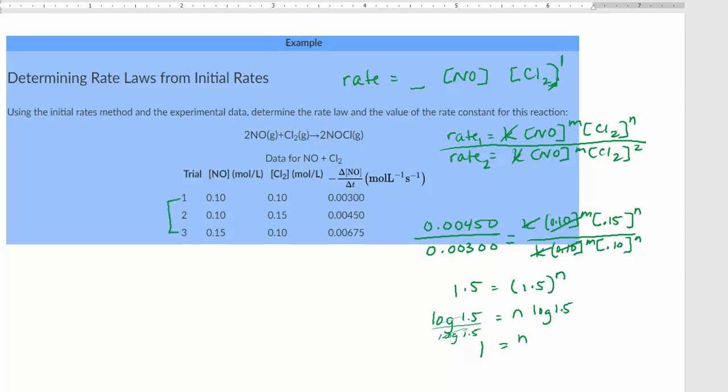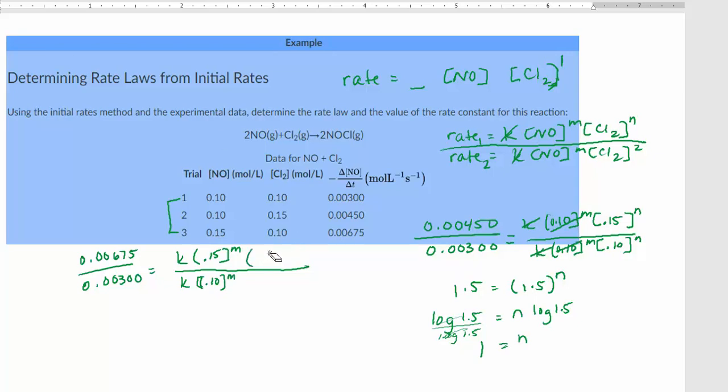Now, as before, I want to put the larger rate on top because it just makes my numbers more friendly. And then I will compare. So the concentration of NO raised to an exponent that we don't know yet. And I'm just going to fill in the numbers. And then the Cl2 is going to be raised to the first power.